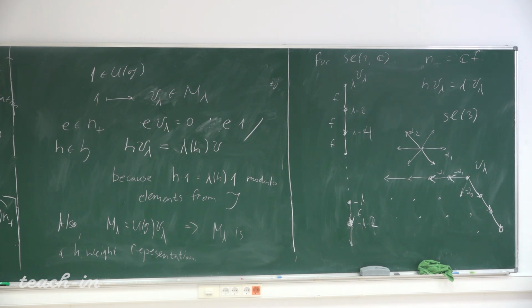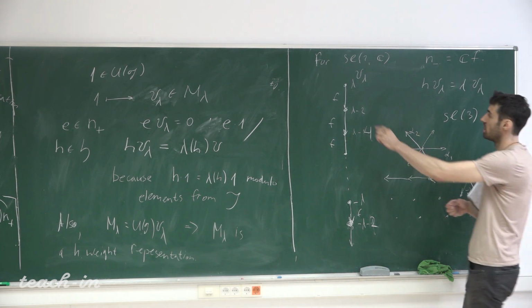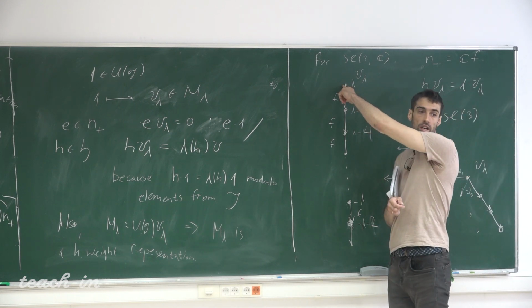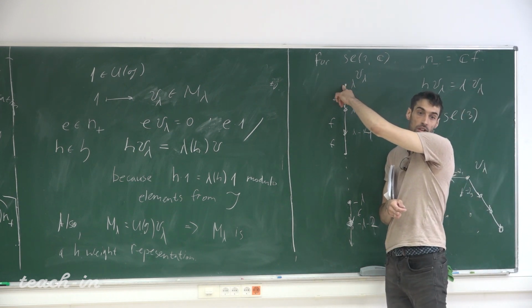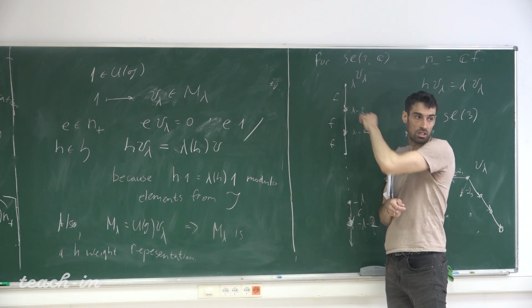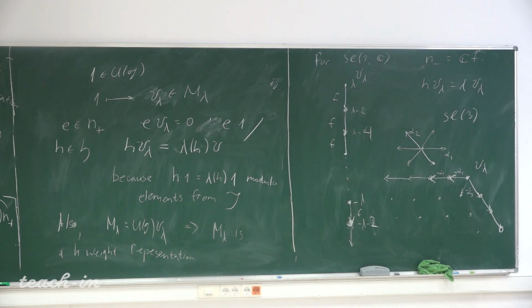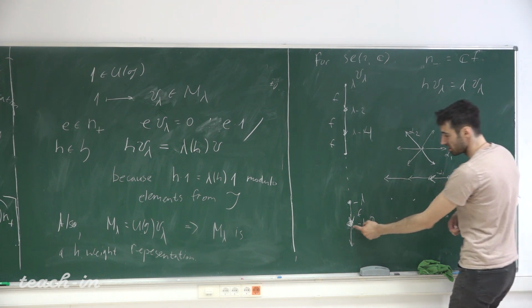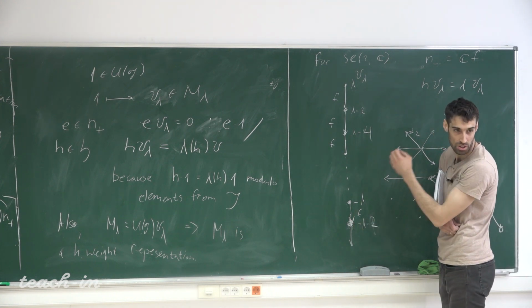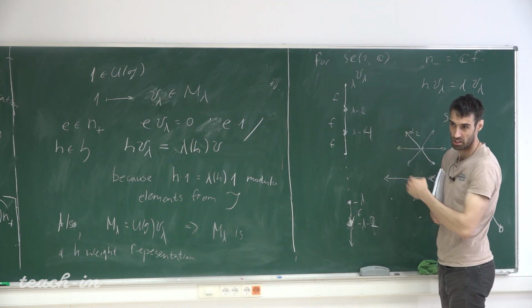It might not be in the weight lattice. For SL2, for example, this might be just any number. It might be negative. It might be any complex number. Okay, but to get actually a finite dimensional representation, like to get this special single vector, you just need it to be an integer.